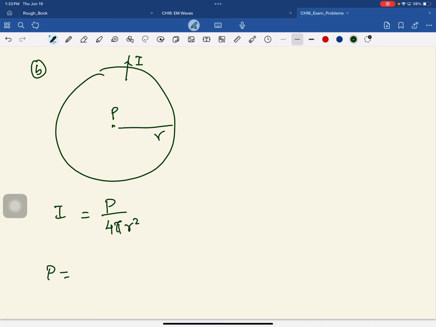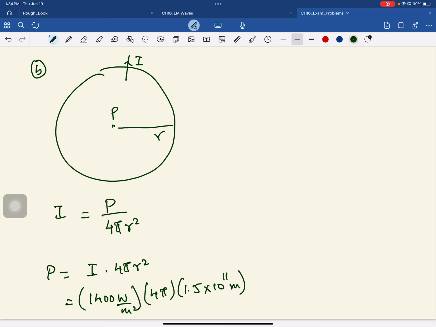So power is intensity times 4 pi r square. Intensity was 1400 watts per meter square near the Earth. 4 pi, and the distance is 1.5 times 10 to the 11 meters. That's 150 million kilometers, squared.